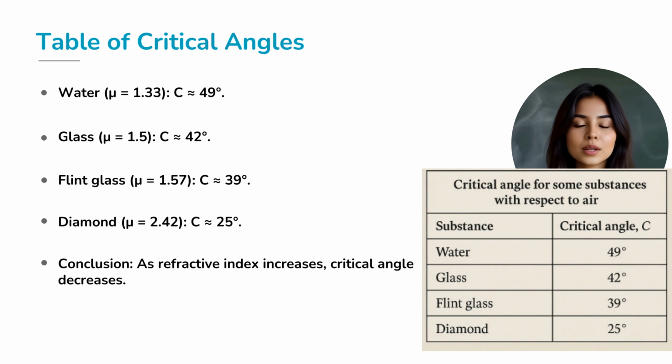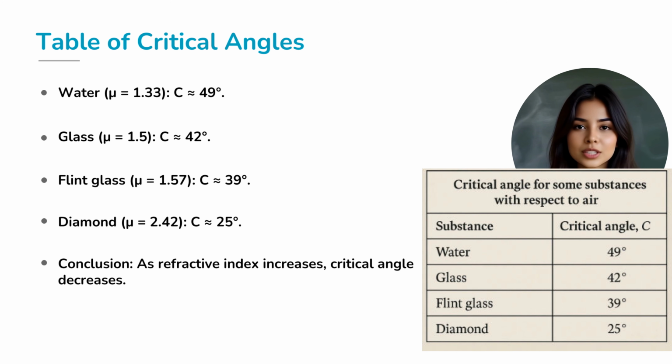To make it clearer, let's look at a small table of examples. Water, refractive index equals 1.33. Its critical angle comes out to be about 49 degrees. Glass, refractive index equals 1.5. That gives a critical angle of about 42 degrees.